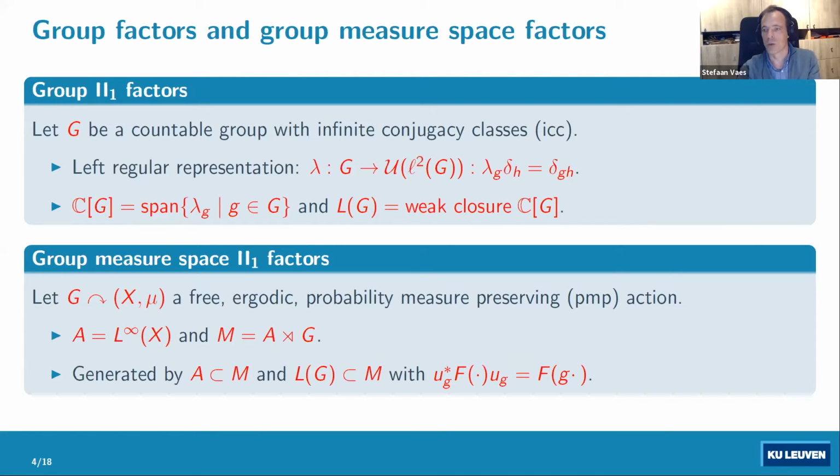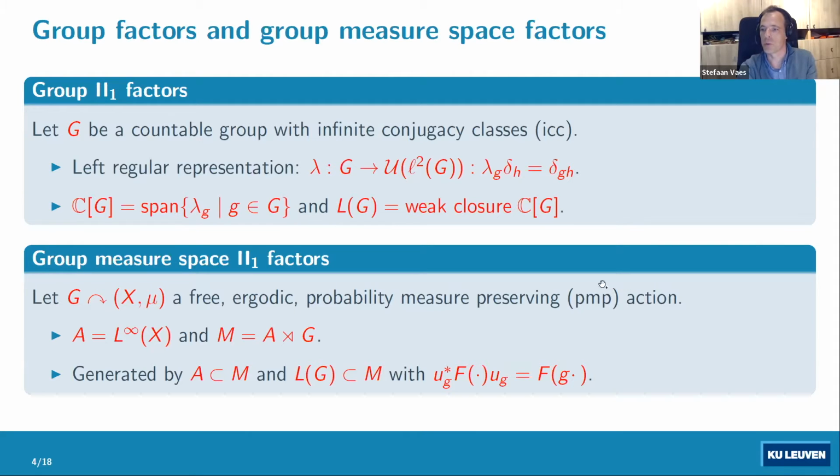Secondly, a bit more complicated, is the construction, still of Murray and von Neumann, of group measure space II_1 factors. Here the initial data is not just a group, but a group acting on a measure space. So the group acts by transformations of a measure space, and we assume that the measure is a probability measure, that the action is measure preserving.